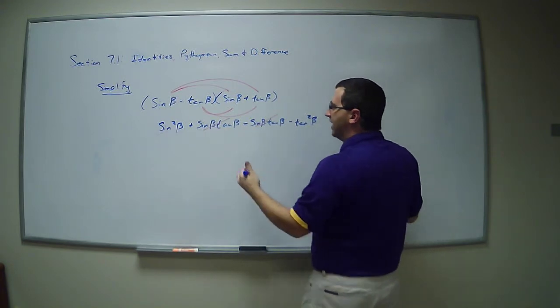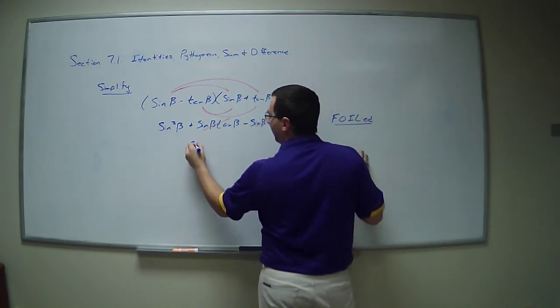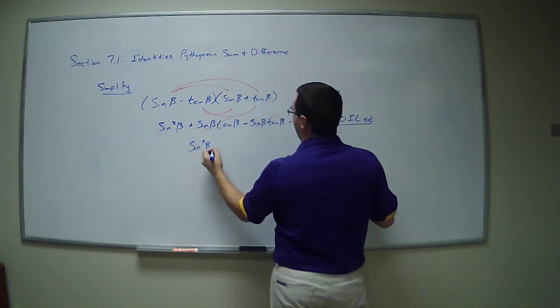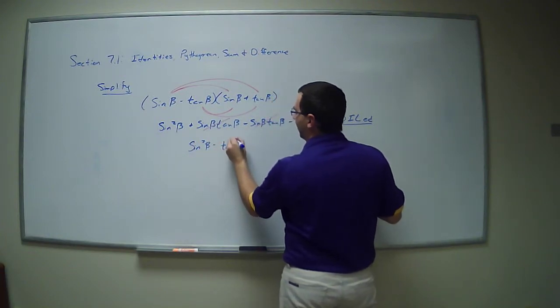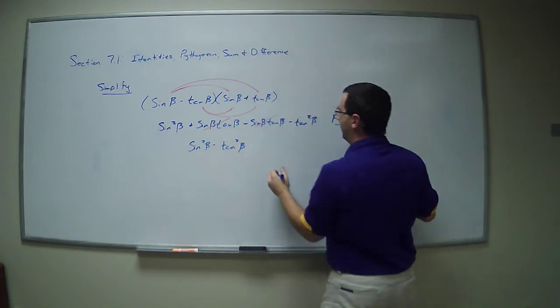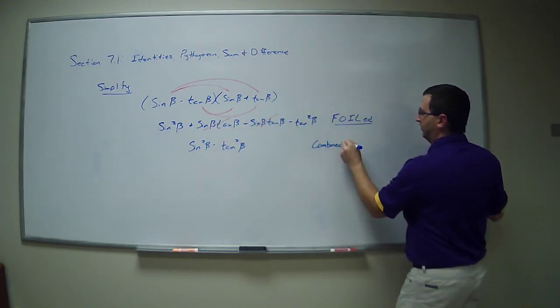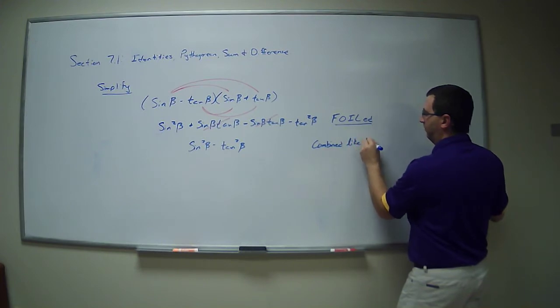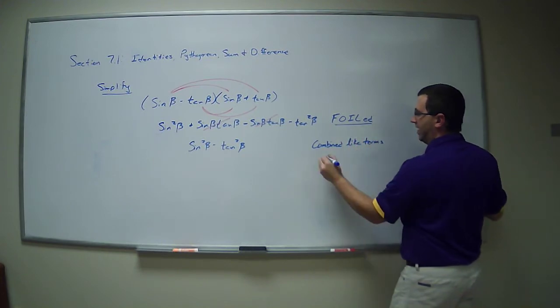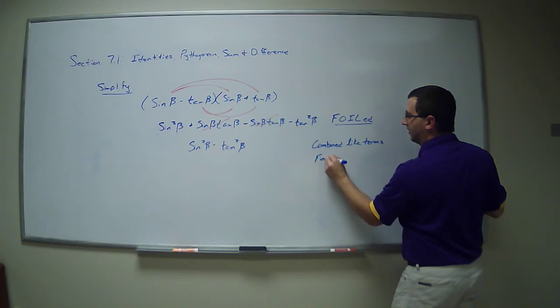So all we have left is sine squared beta minus tan squared beta. And what we did was just combine like terms. Okay, and that would be our final answer.